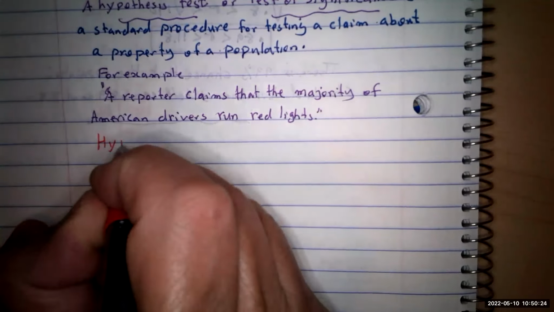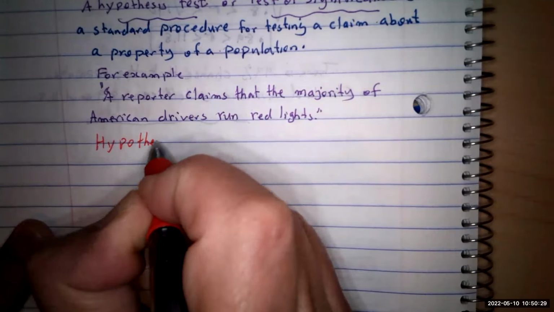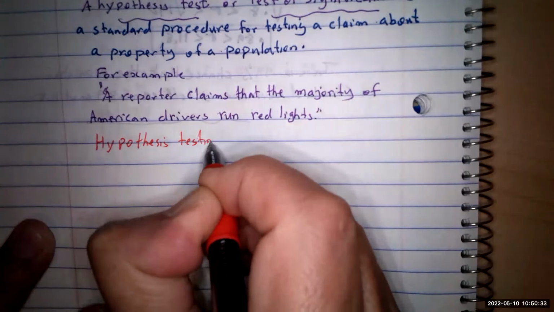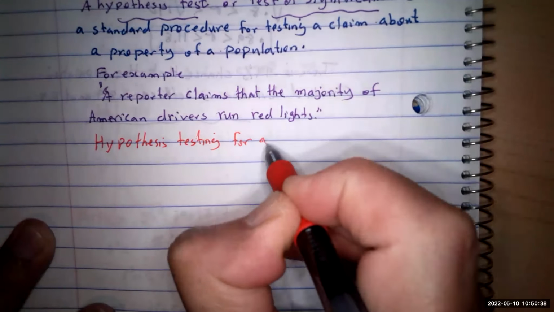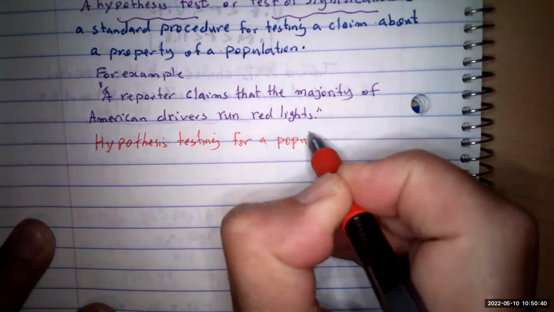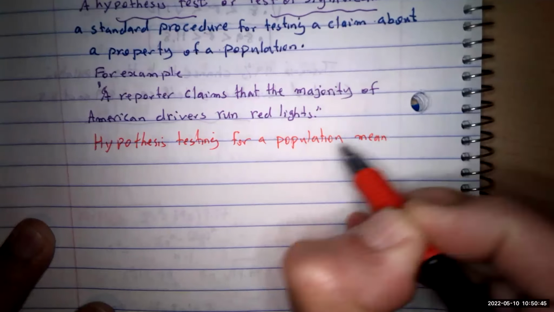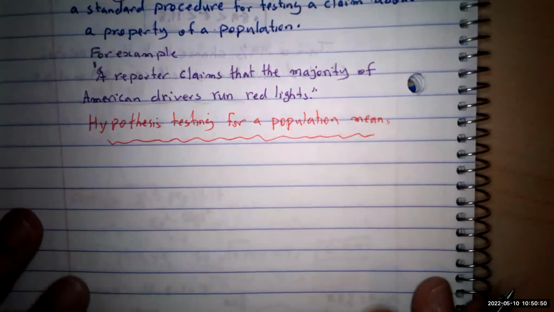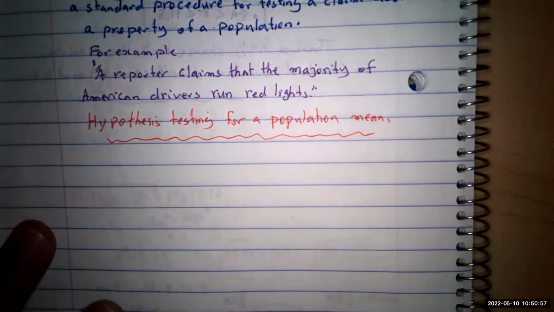So this is hypothesis testing for a population mean. There is going to be a claim about the mean. When you read the problem, you realize they talk about a mean. So then you want to take care of it. These are the expressions that we are going to use.